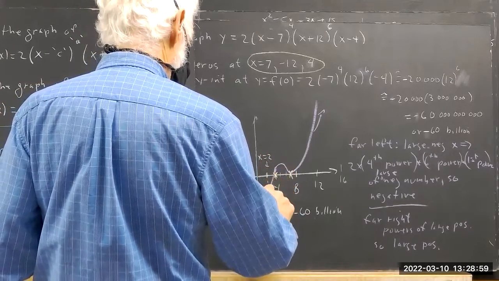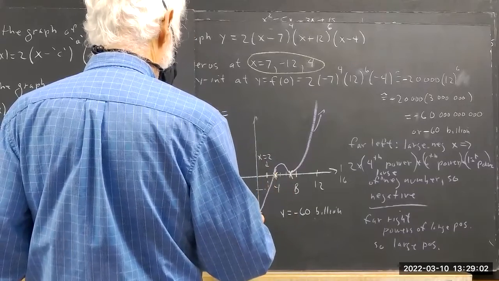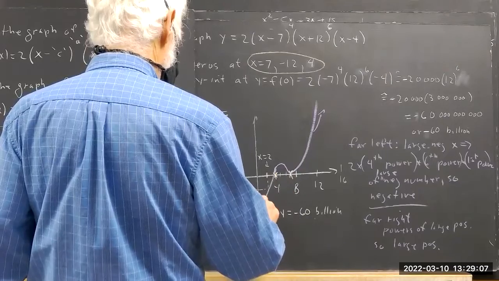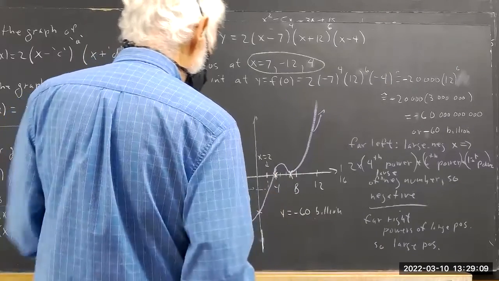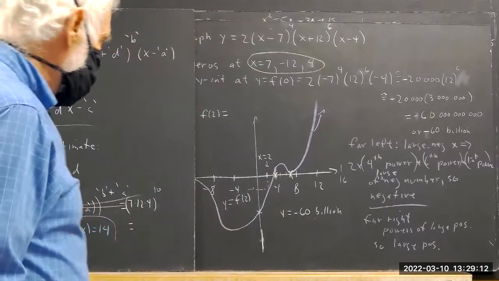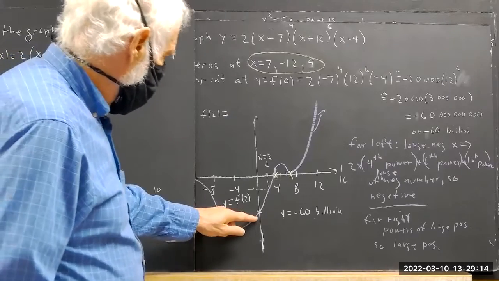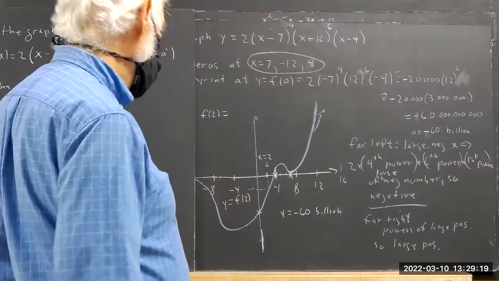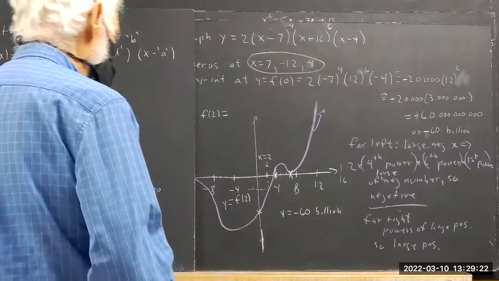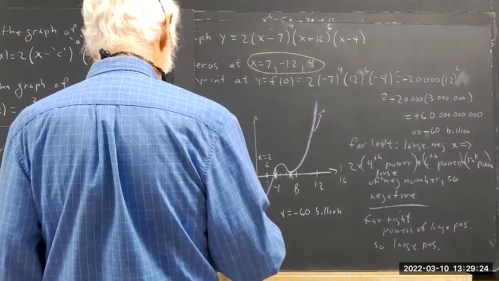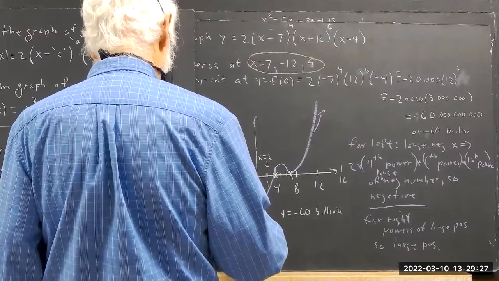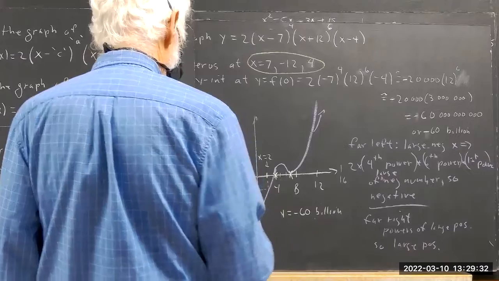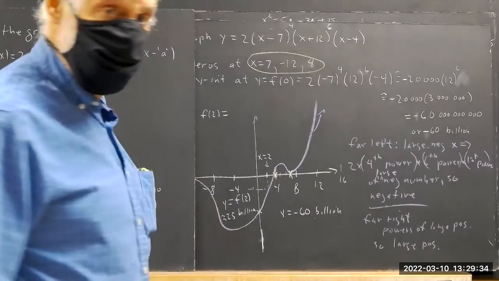If I come down here, at this point, y equals f of 2. If this is 60 billion, what's this? A little more than a third of 60 billion, which would be 20 billion. Let's say that's approximately 25 billion.